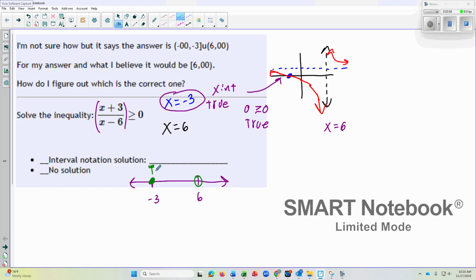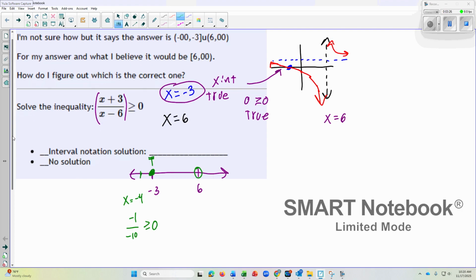And then what you're supposed to do is test values in each of these sub-intervals. There are 3 sub-intervals. So right here, I could test x equals -4 and see what happens. If I plug in -4, I'll get -1 divided by -10. Is that greater than or equal to 0?